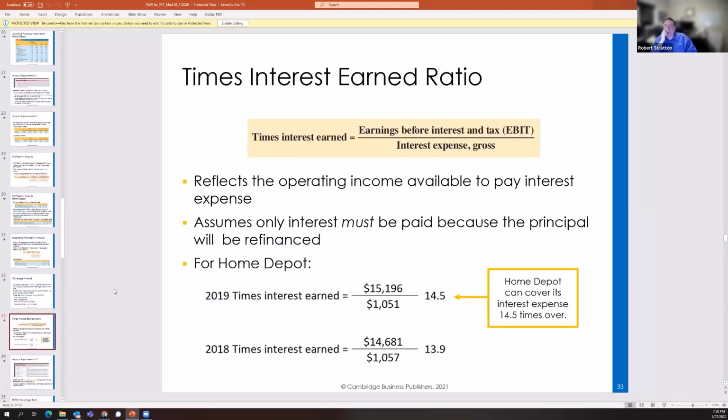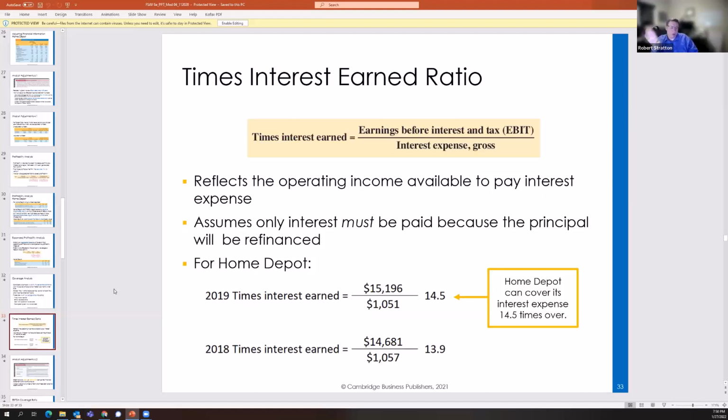So the times interest earned is the earnings before interest and tax over gross interest expense, and then you come up with this ratio. So Home Depot is at 14.5 in 2019. So what does that mean? That means that it can cover its interest expense over 14 times with its earnings. So that's pretty good shape.